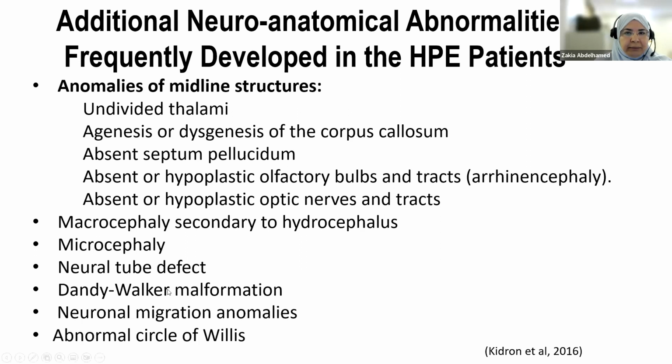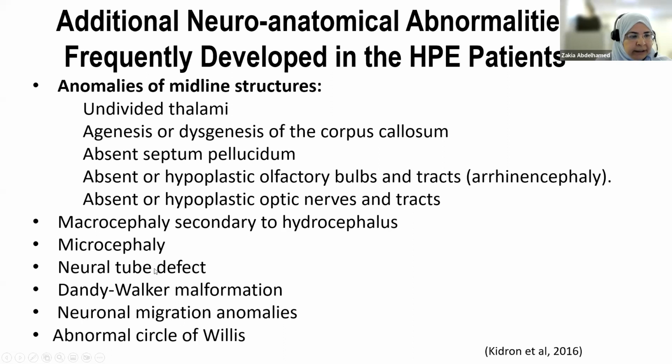Additional neuroanatomical malformations that can frequently develop in those patients are the undivided thalami, agenesis of the corpus callosum, absent septum pellucidum, absent or hypoplastic olfactory tracts, and also absent or hypoplastic optic nerves and tracts. Macrocephaly sometimes occurs if the patient also develops hydrocephalus.